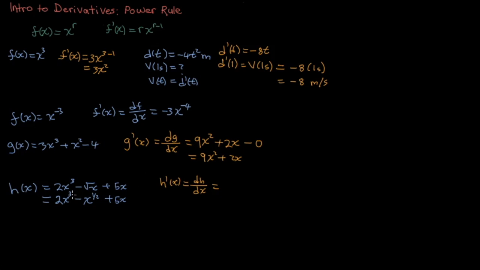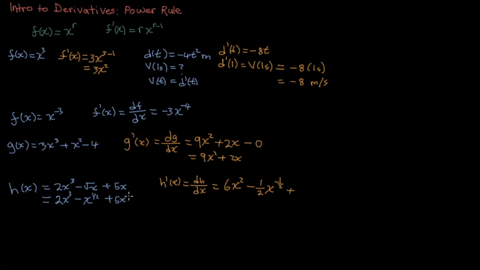So again, power rule, 3 times 2 is 6x, and then 3 minus 1 is 2, minus 1 over 2 times x, so that'll be 1 over 2x, and then 1 over 2 minus 1 is negative 1 over 2, plus 5x.